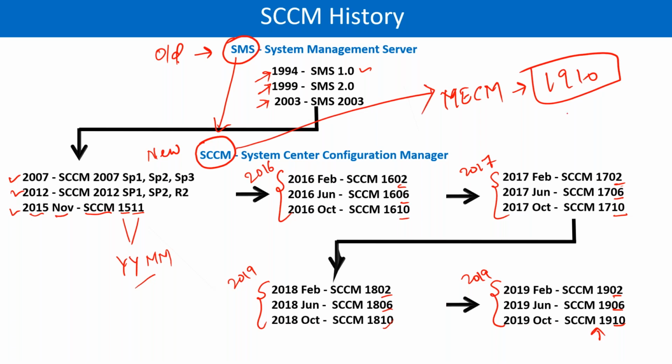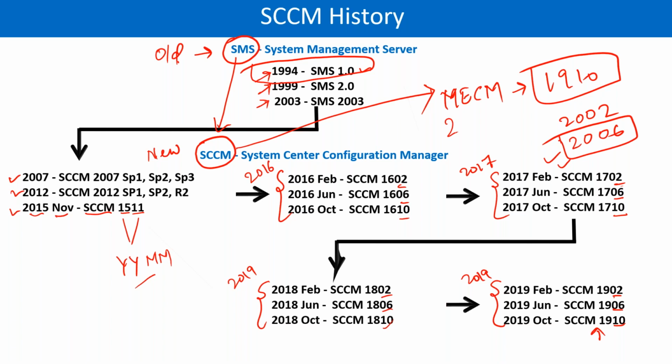Now this year they have released SCCM 2002 in the February month and 2006 in the month of June. 2006 is the latest and greatest version of SCCM at the moment. So it started in 1994 and now the latest and greatest version is 2006.